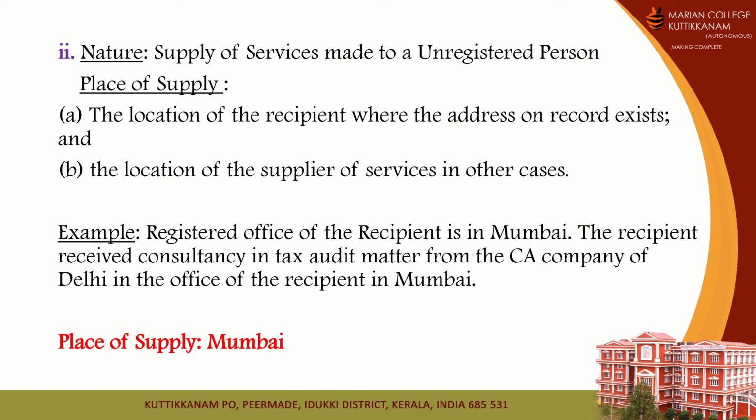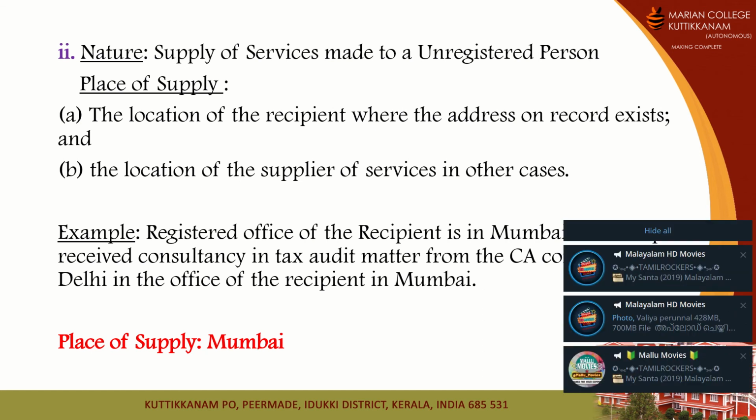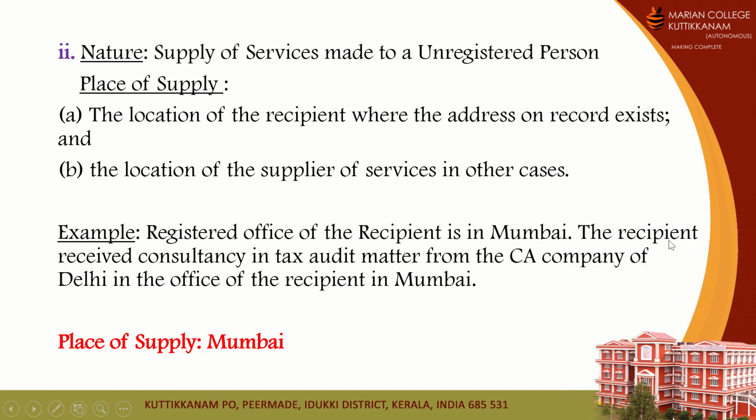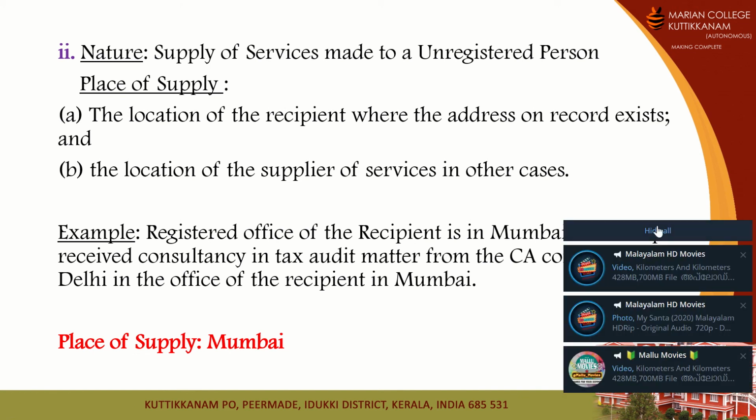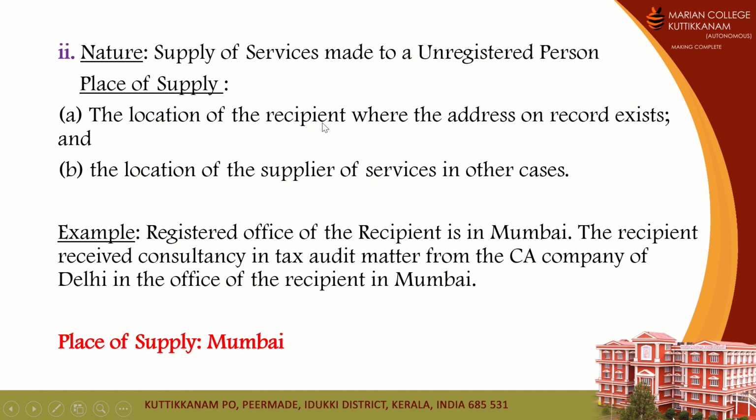That means the location of the recipient which can be found from the records or address. And the location of the supplier of service in other cases. That means if the location of the recipient is not present or we cannot find it in the record books, then the location of the supplier will be the place of supply.